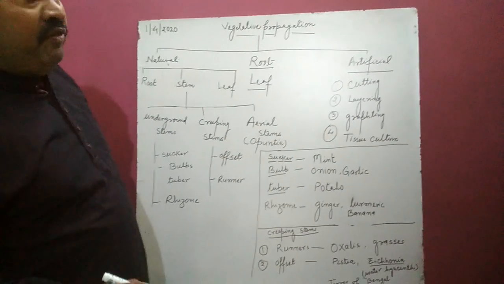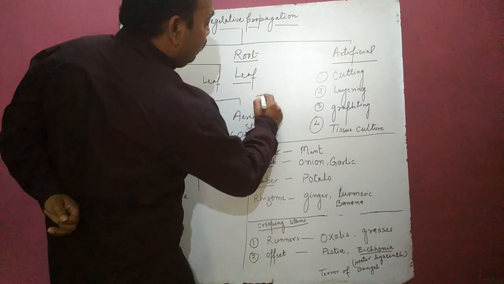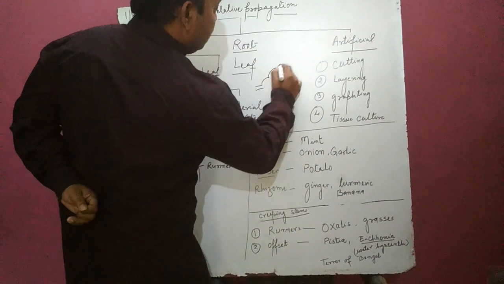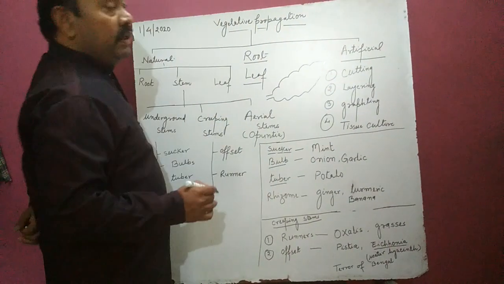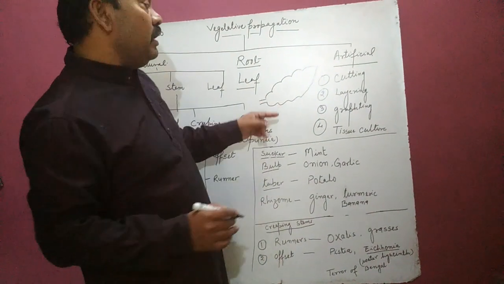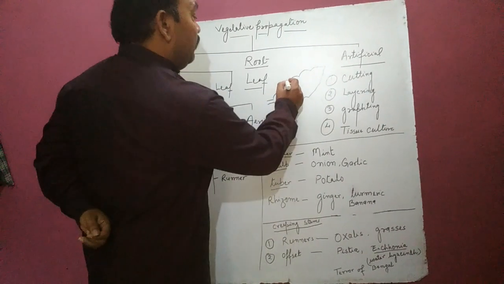In case of bryophyllum, bryophyllum has a thick leaf like that. Its margin is wavy in nature, and the leaf is thick.